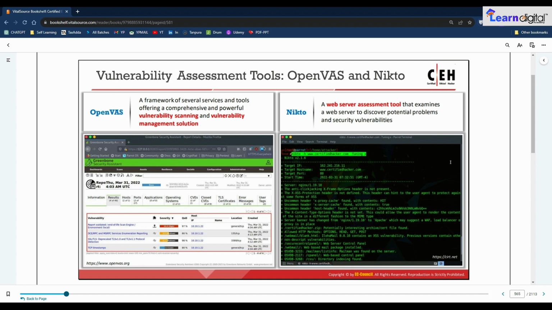Specifically, if I talk about vulnerability assessment tools, the attacker performs a vulnerability scan to identify security loopholes in the target network that they can exploit to launch attacks. Security analysts use vulnerability assessment tools to identify weaknesses present in the organization's security posture and remediate the identified vulnerabilities before the attacker exploits them.